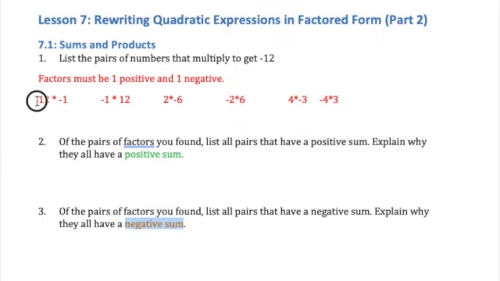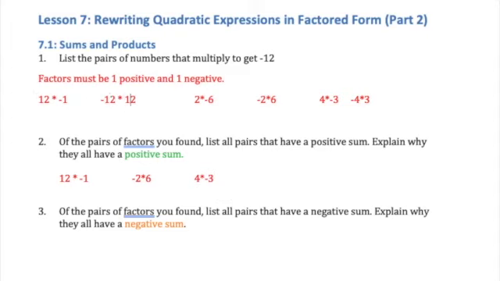So let's see, 12 plus negative 1 is a positive sum. Negative 2 times 6 is a positive sum. And 4 and negative 3 gets us a positive sum. And the other ones all give us negative sums. Wait, that's supposed to be negative 12 and 1 up here.